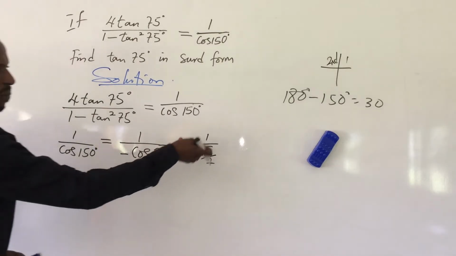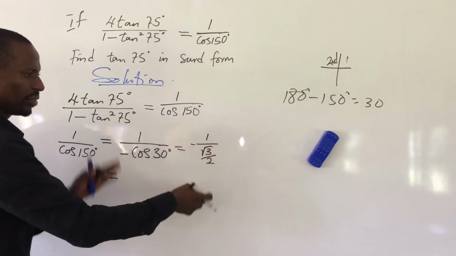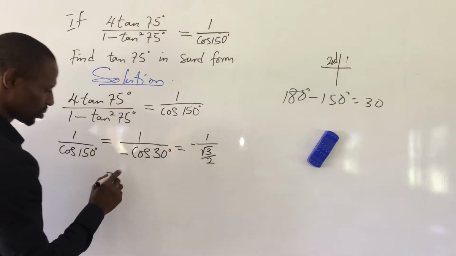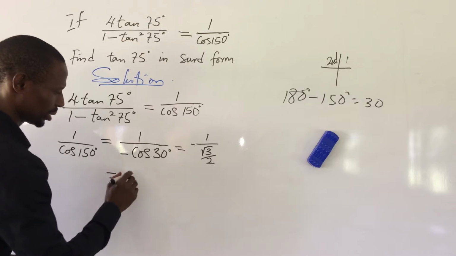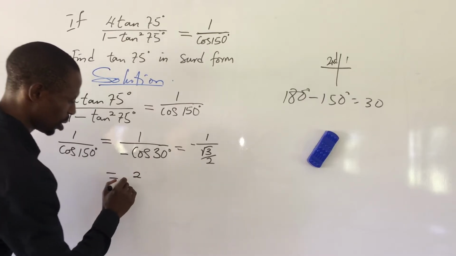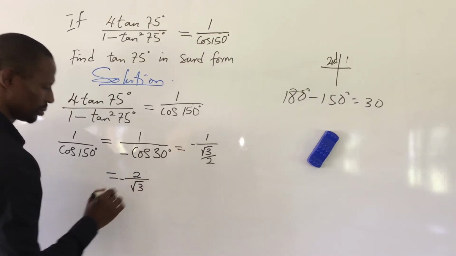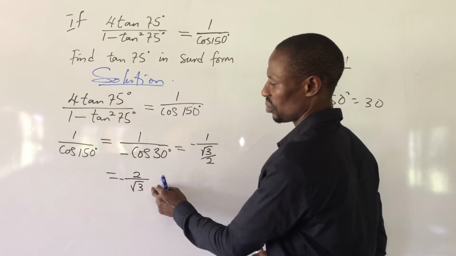Now, because of the division sign, if we manipulate this, it could also be written as minus 2 all over root 3. We have this in standard form already.